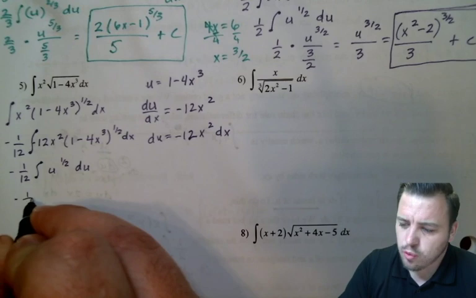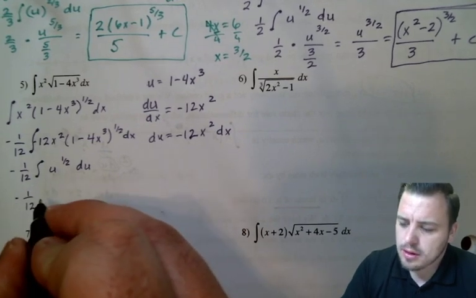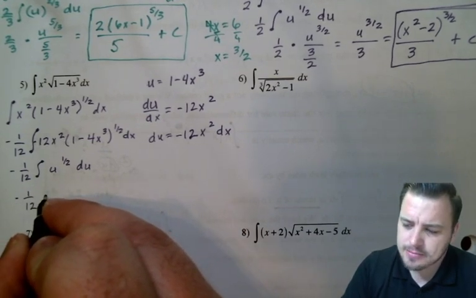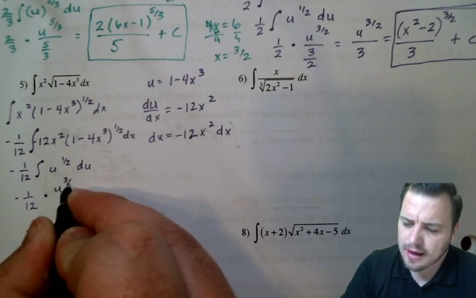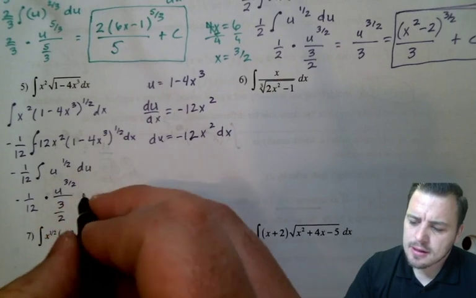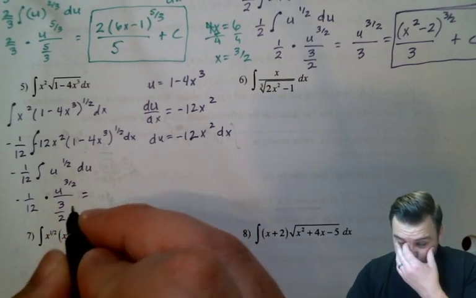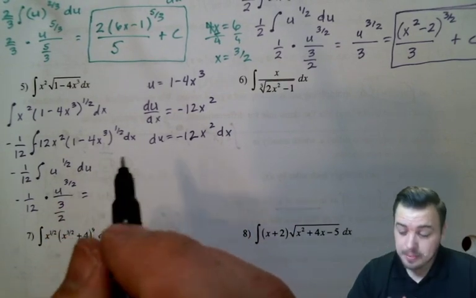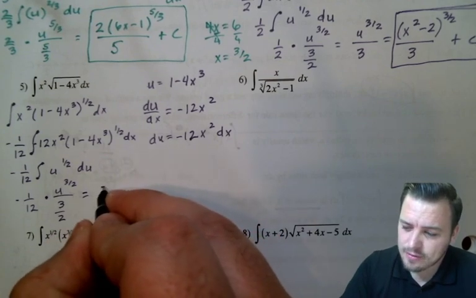So negative 1/12 times u to the 3/2 over 3/2.